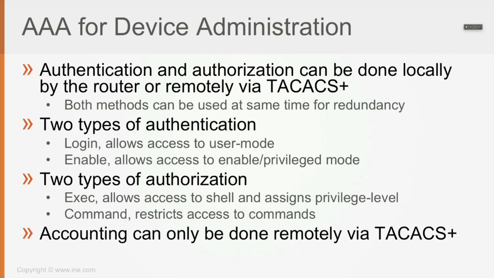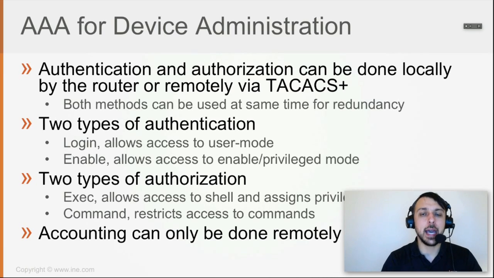And accounting can only be done remotely via TACACS+. There is no way that the router can account for commands typed by the user locally. There is no way via AAA. There's another way, which is a sub-feature of the archive feature, which is used by the router, let's say, to constantly save its configuration file on a remote FTP server.